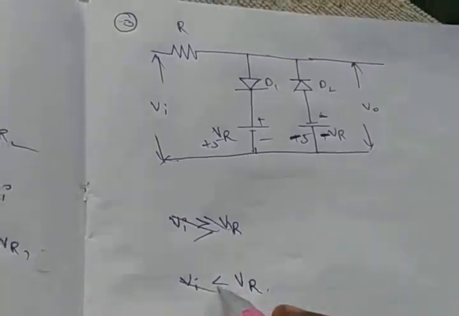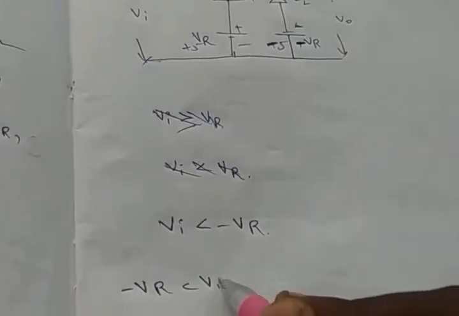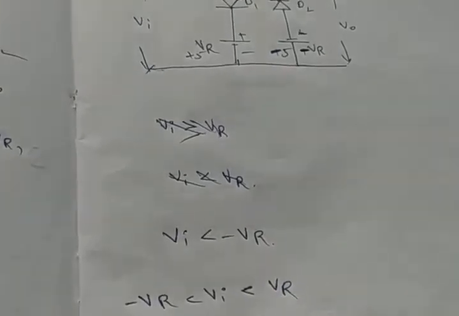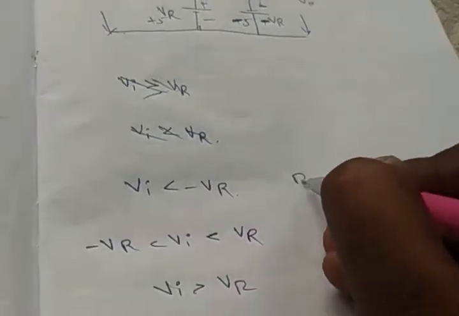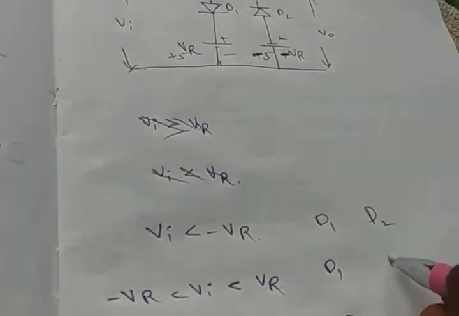So for Vi less than minus VR, minus VR less than Vi less than VR, and Vi greater than VR conditions, the diodes D1, D2.